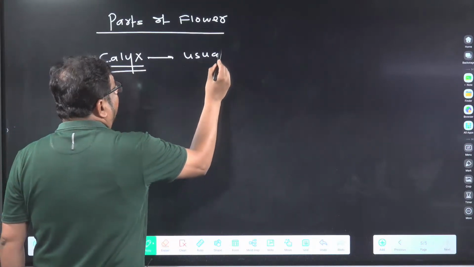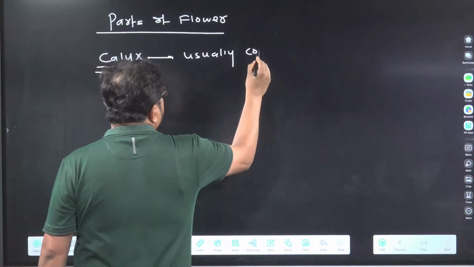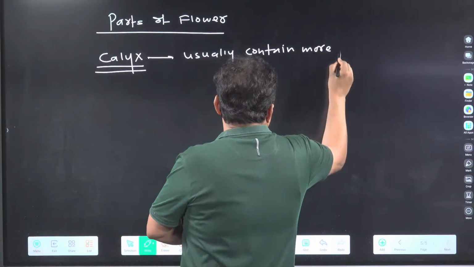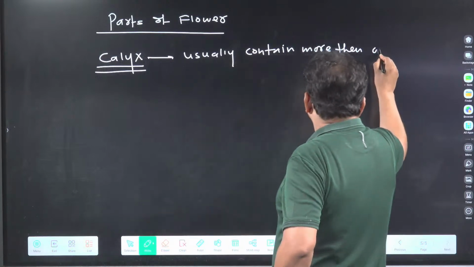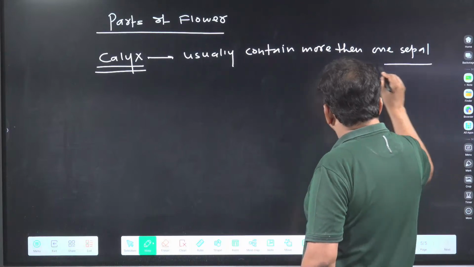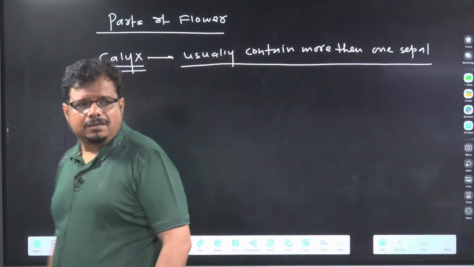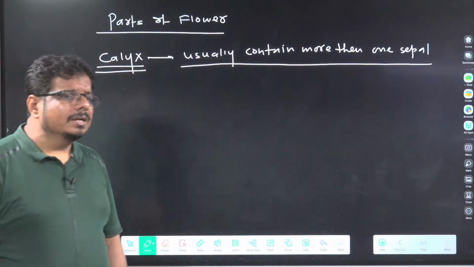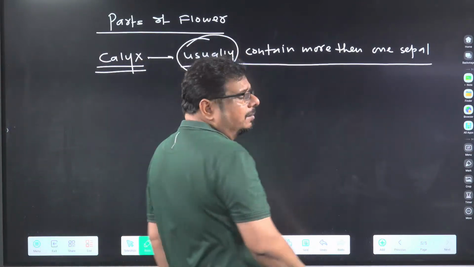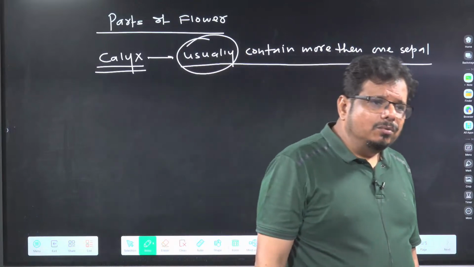Usually contain more than one sepal. Now you can say, sir, why did you write the word usually? Means are there any plants that have one sepal?